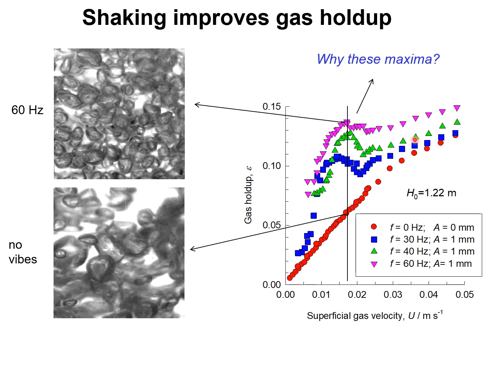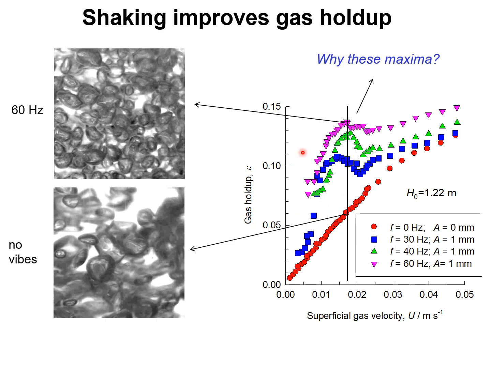The green triangles are for a vibration frequency of 40 Hertz, and the inverted pink triangles are for a vibration frequency of 60 Hertz. We see for any given superficial gas velocity, there is a significant improvement in the gas holdup due to low frequency vibrations.